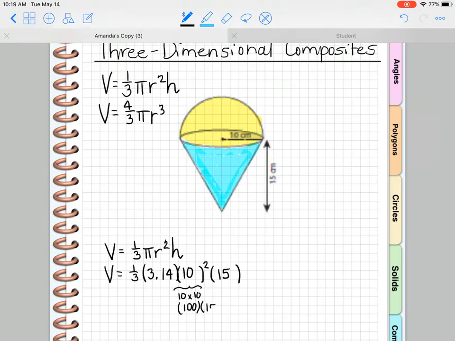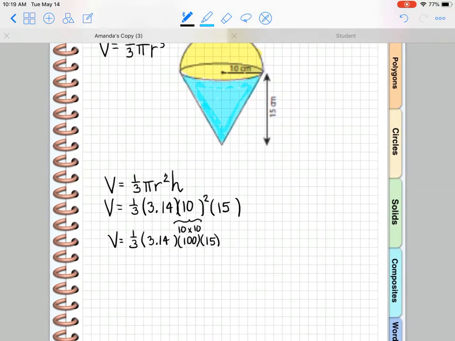And then bring down your other stuff and multiply using your fraction key. So I have no idea in my head. I'm going to say 1 fraction 3 times pi times 100 times 15 equals, and so the conic part of this problem is 1570 cubic centimeters.